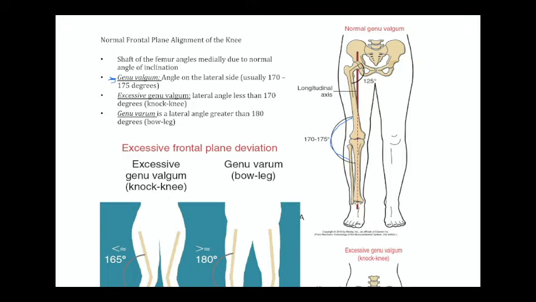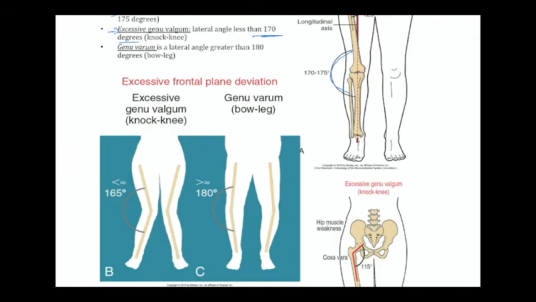It's not exactly straight, but we can have excessive genu valgum where that angle becomes less than 170 degrees, and we see that as knock knee. The angle has decreased from 170 to 175 to 165, and that is excessive genu valgum or knock knee. And we also have genu varum, which is where the lateral angle is greater than 180, and we often call that bow-leggedness.